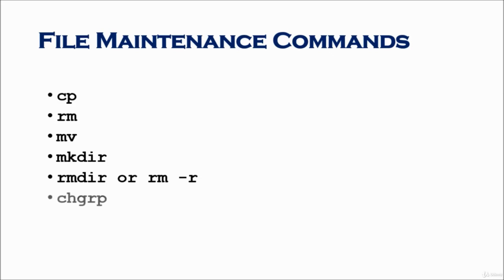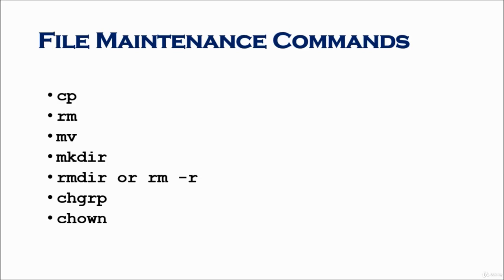Then we have change group, which is the ownership of a file at the group level. And then we have change ownership, which is the ownership of the file at the user level. Some of the commands we have already covered, and some of the commands we will be covering in this lesson.